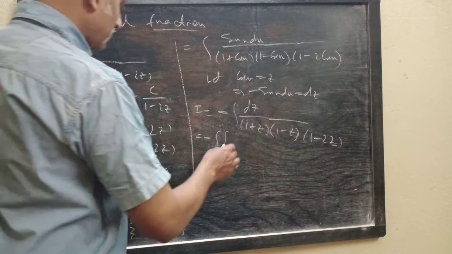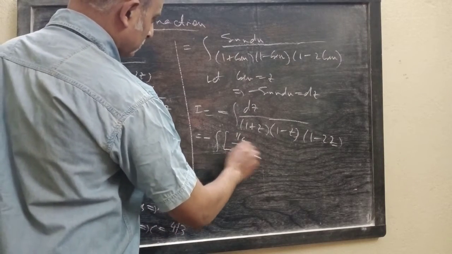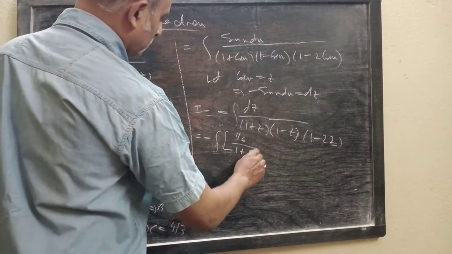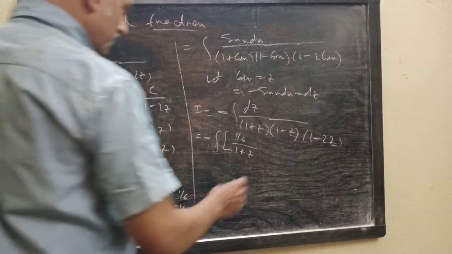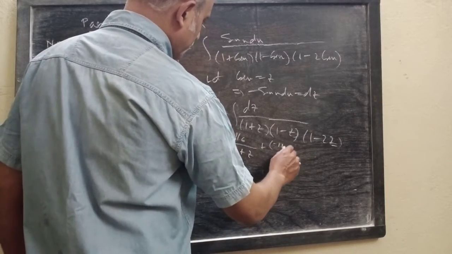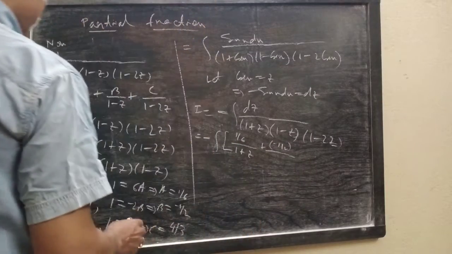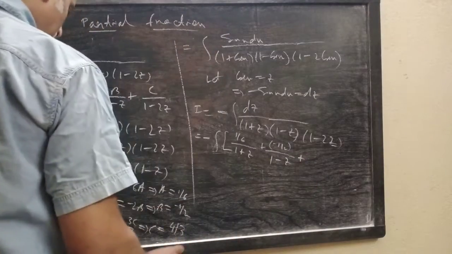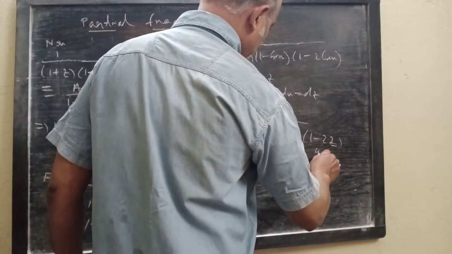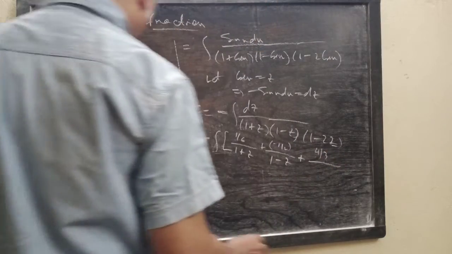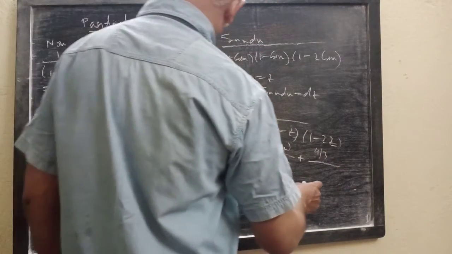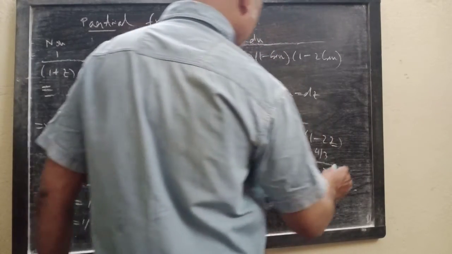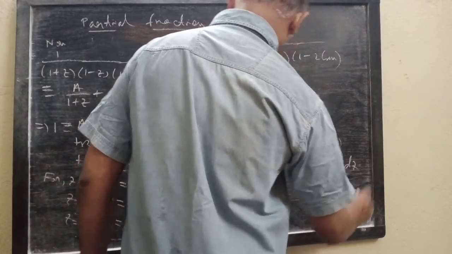A is 1 by 6 by 1 plus z, b is minus half by 1 minus z, c is 4 by 3 by 1 minus 2z. Third bracket close, dz.